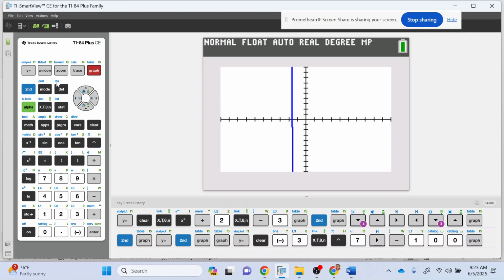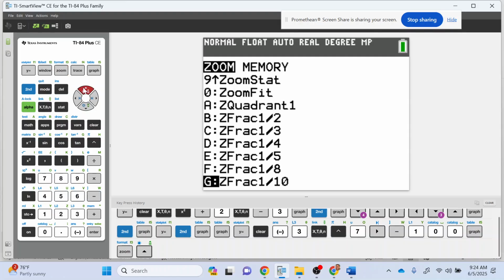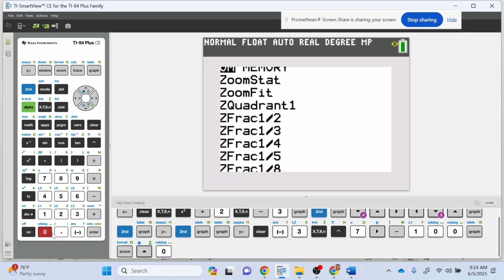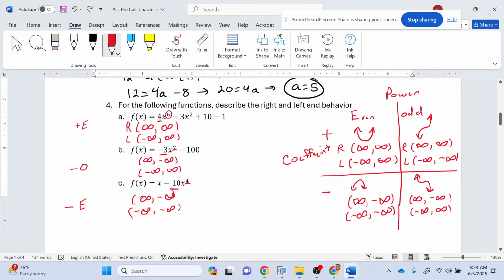So you're going to do zoom and then which option? Zoom fit, which is option 0. So you can see, oh, as I go to the left, it's positive. As I go to the right, it's negative. So you could use your calculator. And that's why I didn't allow the calculator on the test when we first took it. All right, cool.